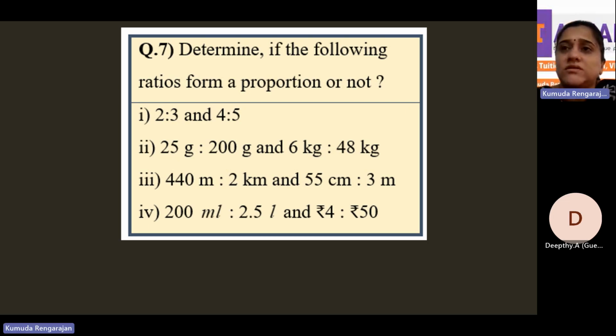So what do you need to do for that? The ratio is the same. Okay, correct? Okay, fine.